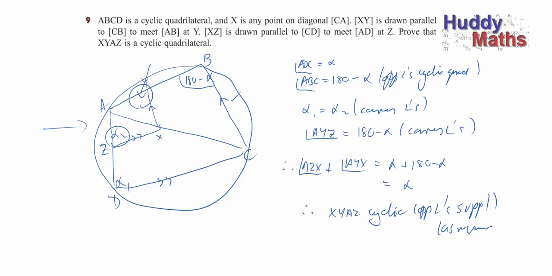So we had to sneak up on that one a little bit and use both pairs of parallel lines. That was important. Okay, how are you going there? Let's go on now.